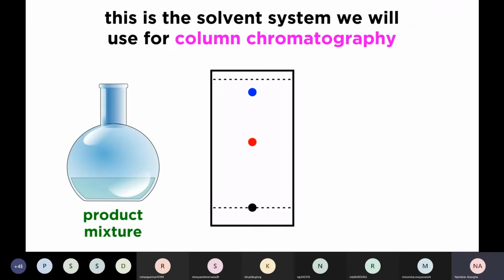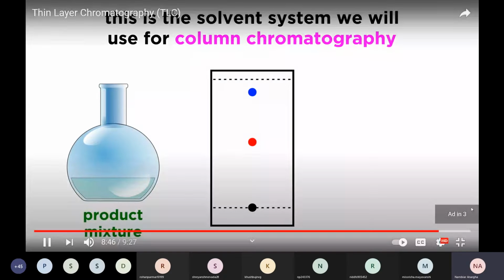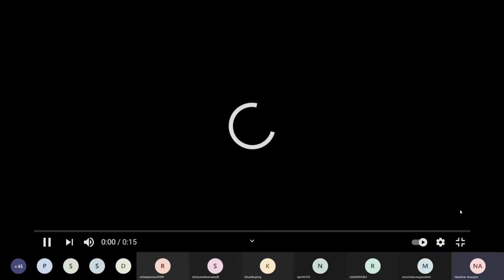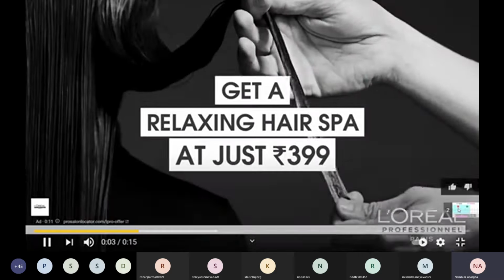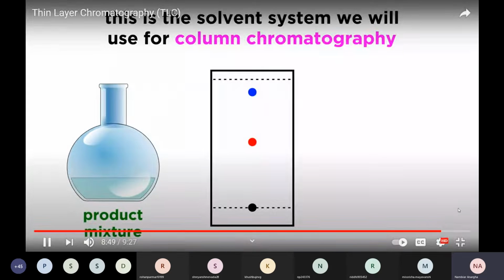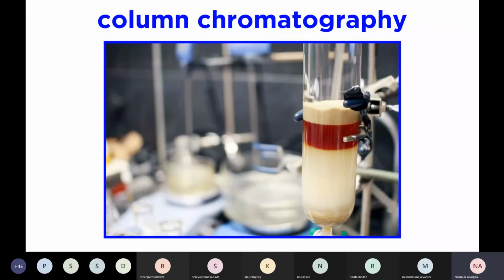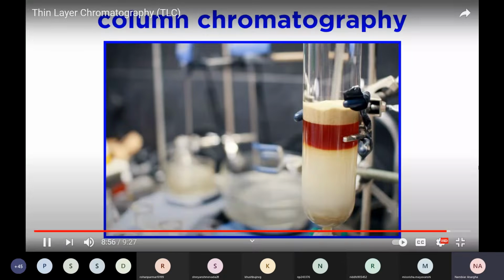This solvent system will be ideal for column chromatography, which is the technique that we will use to actually physically separate all of the contents of our reaction flask, once the reaction is complete and the organic products have been extracted. This is an extremely important technique for any organic chemist, so let's move forward and learn about that next.